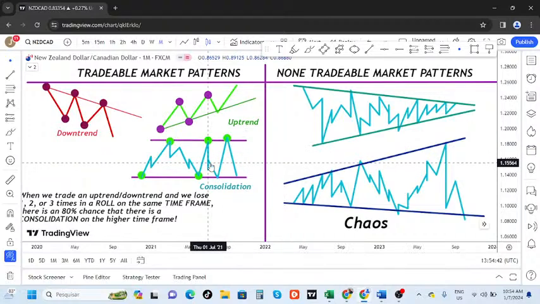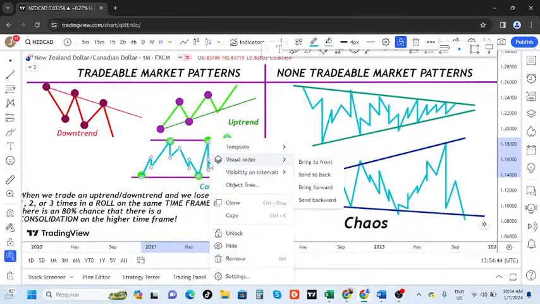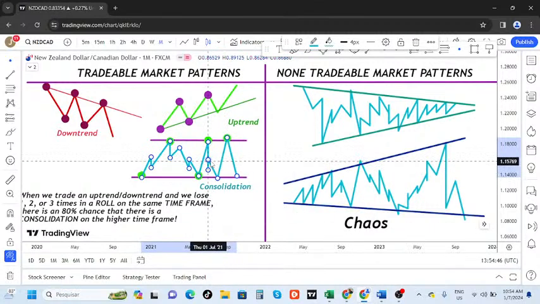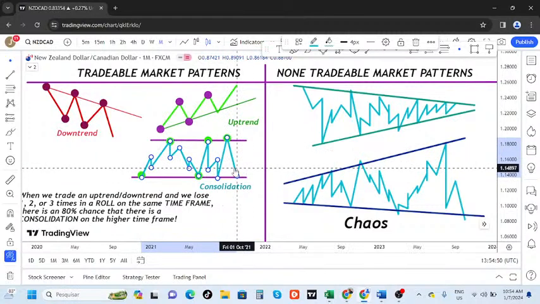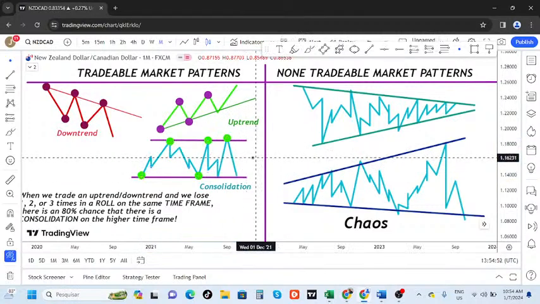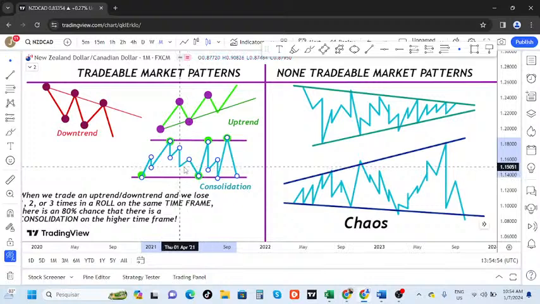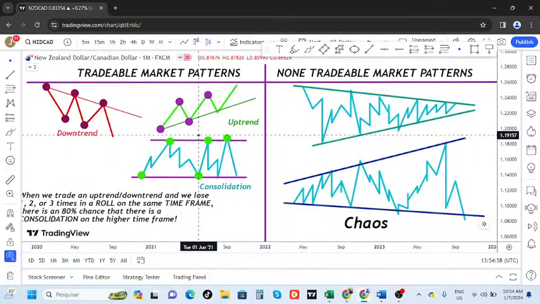Because the truth is, if you don't know how to analyze the market, it is going to be impossible for you to become a good trader. It's not possible when you don't know the direction of the market, when you don't know where the market is going to go.